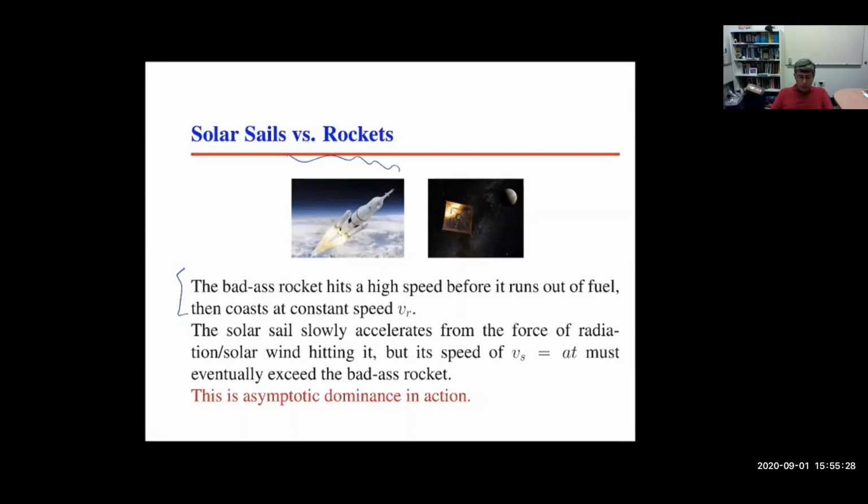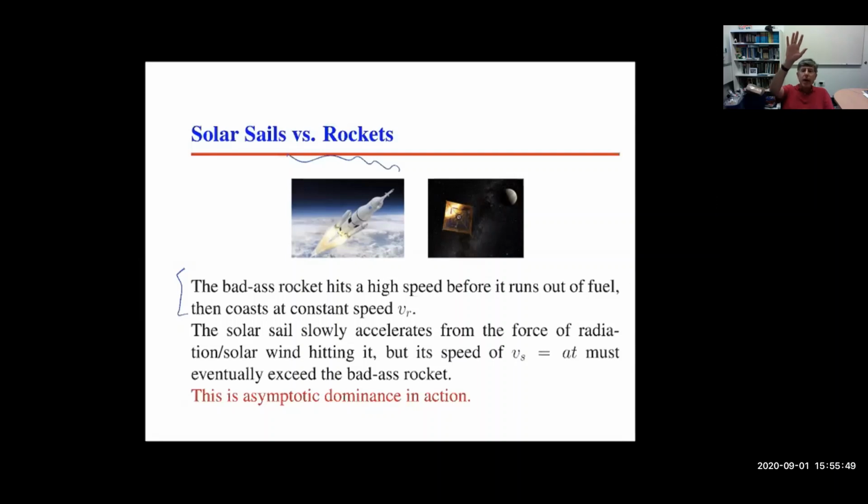Now there's this new proposal for a spaceship, which is almost like a kite that has a sail. There's a tiny stream of particles that comes from the sun, a very gentle breeze.